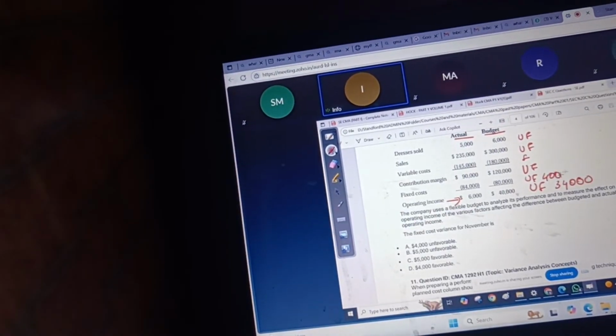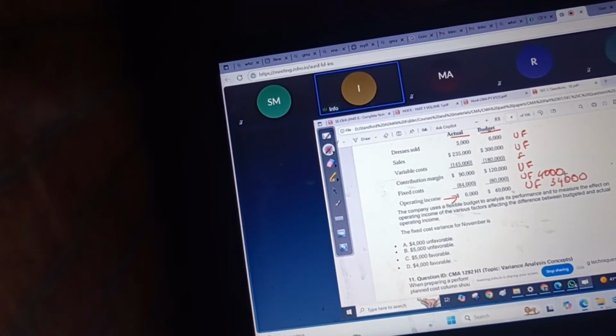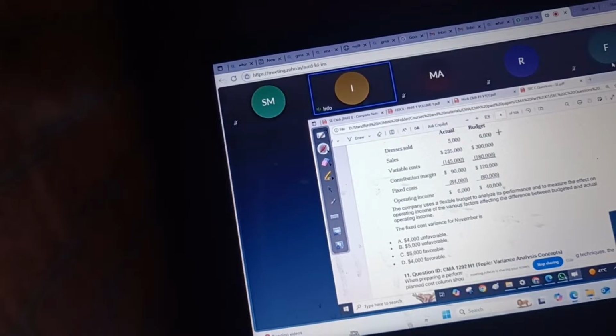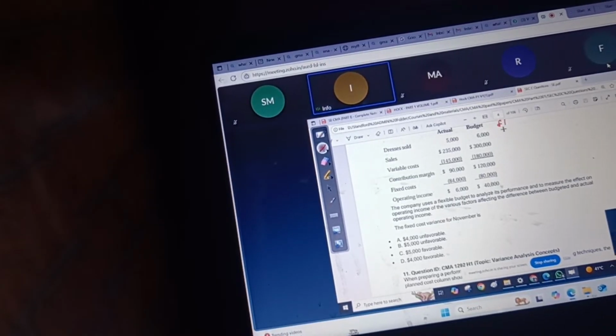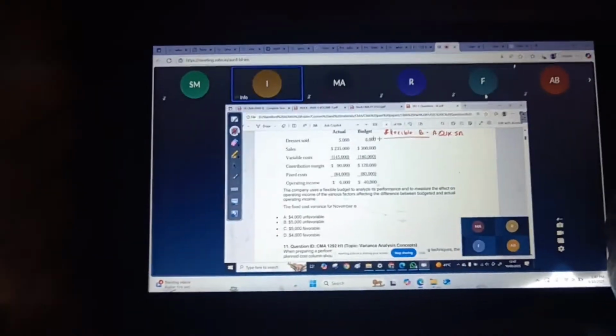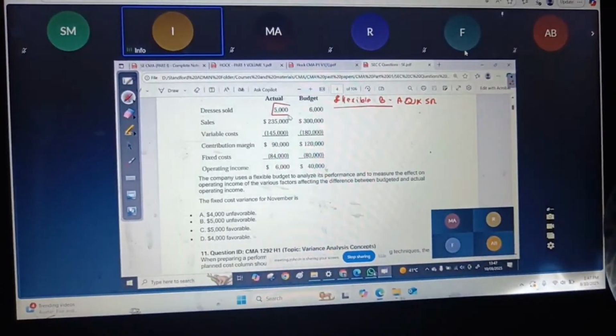Now are you getting me? Now, prepare the flexible budget. What is flexible budget? Actual quantity adjusted for standard rate. Actual quantity is 5,000. Standard rate is how much?